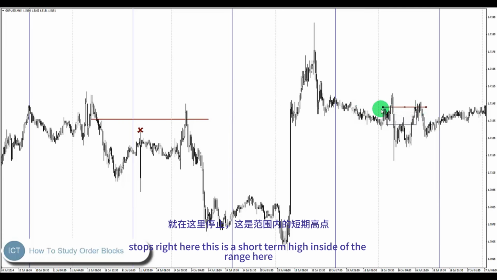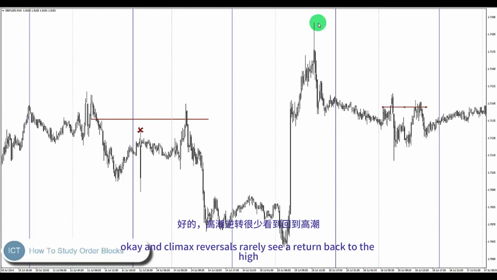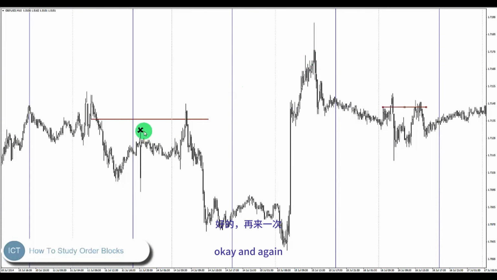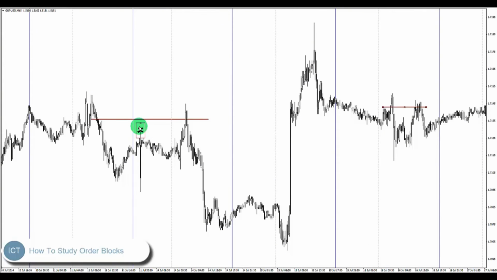This is a short-term high inside of the range here. See this just drop down here. Now, why am I not talking about this? Because this is a climax reversal, and climax reversals rarely see a return back to the high. And again, this will all be talked about in great detail in the mitigation volume.